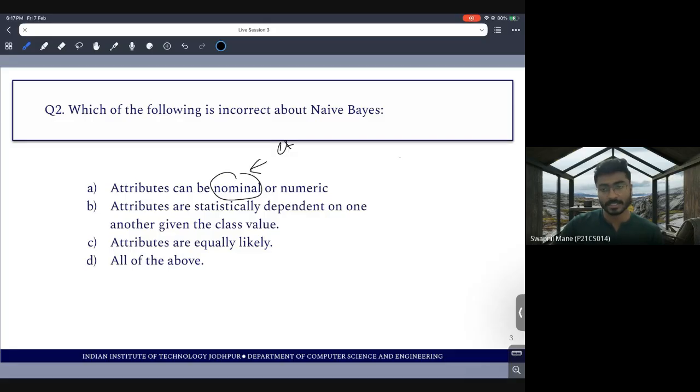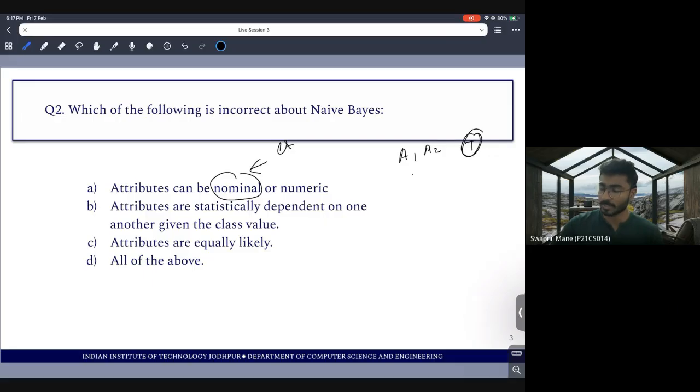We have discussed this in our previous decision tree lectures, and before that in the a priori algorithm, that is association rules. There are multiple attributes, attribute 1, attribute 2, and there is a target attribute that we need to classify.